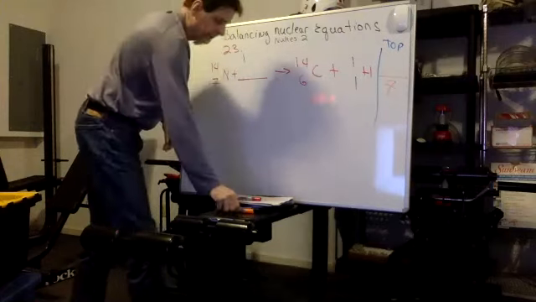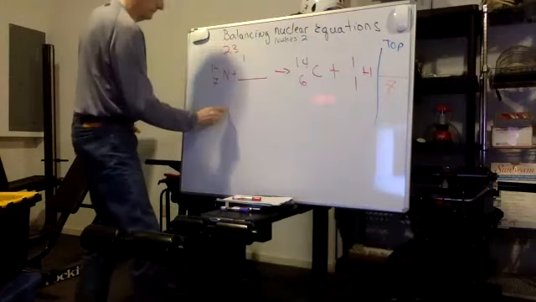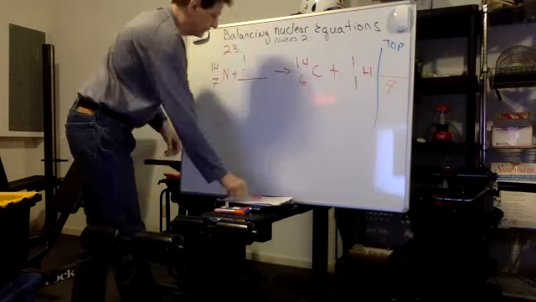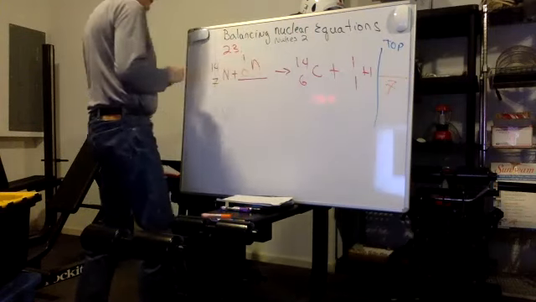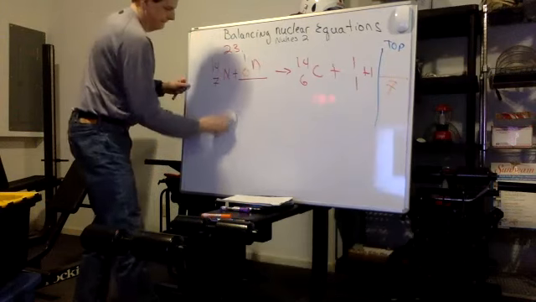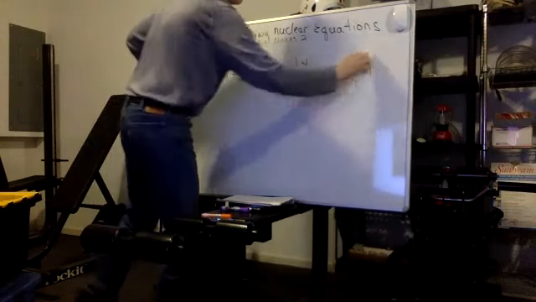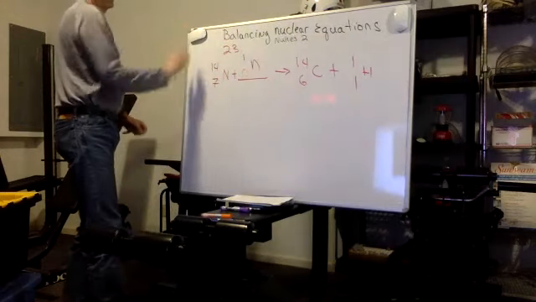And then bring the 7 over. 7 less 7 is 0. And 1 over 0 would be a neutron. And that is number 23.